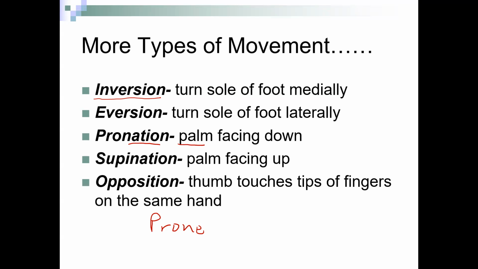All opposition means is that you can take your thumb and use it to touch every other finger on the same hand. That's all. Use your thumb to touch every other finger on the same hand. And you're like, what's the big deal about that? Everybody can do it. Almost no animal can, right? Chimpanzees, which are so closely related to human beings, cannot do this.